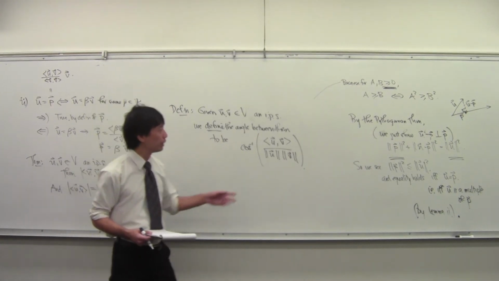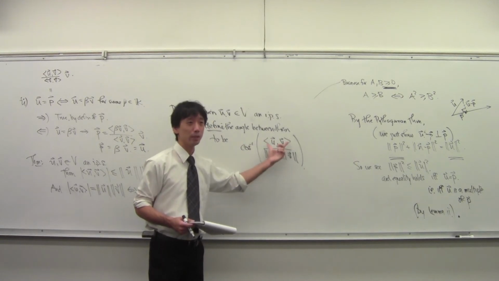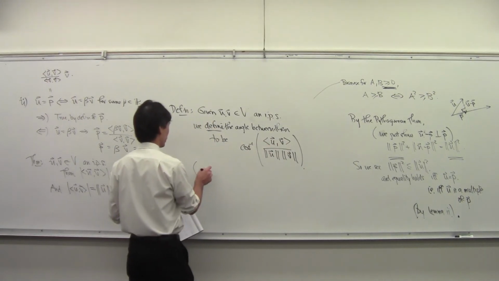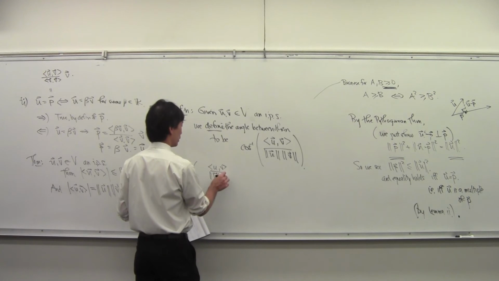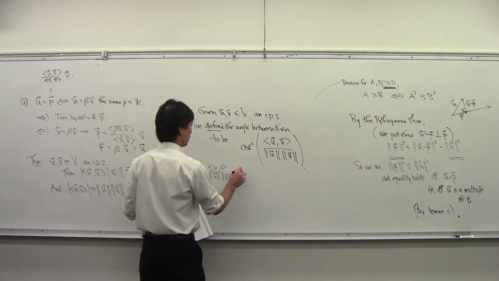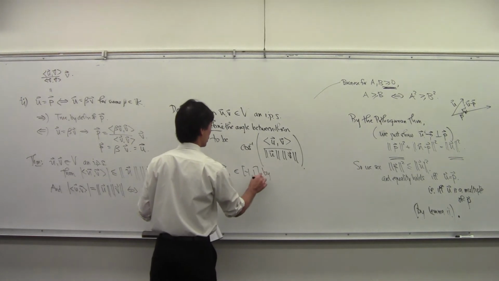Okay, we can do this. This makes sense because we know that the absolute value of this thing is less than or equal to 1. So this thing lies between -1 and 1 by the Cauchy-Schwarz inequality.